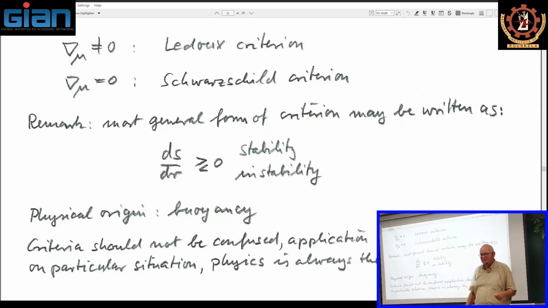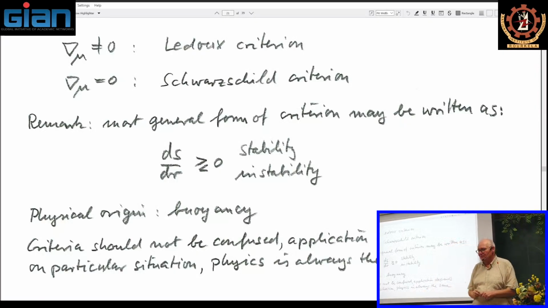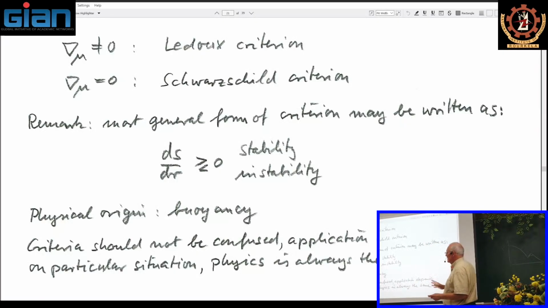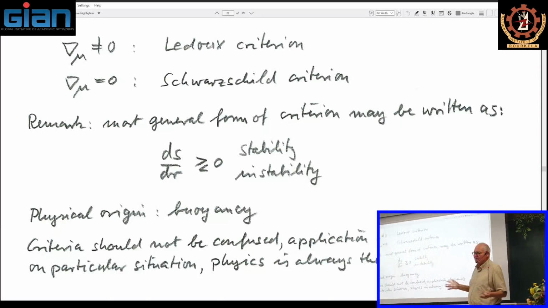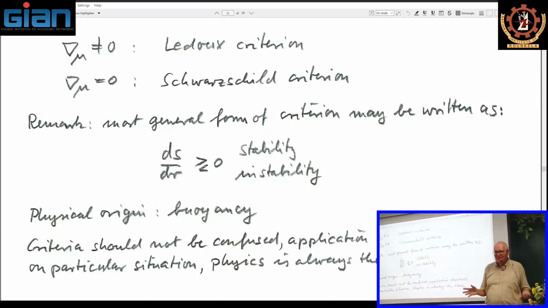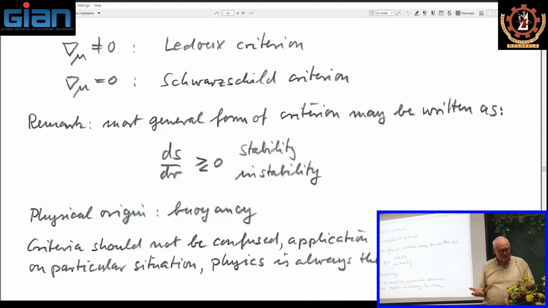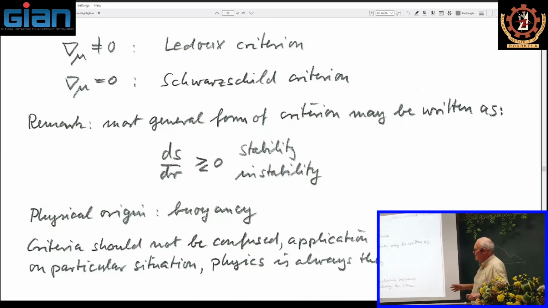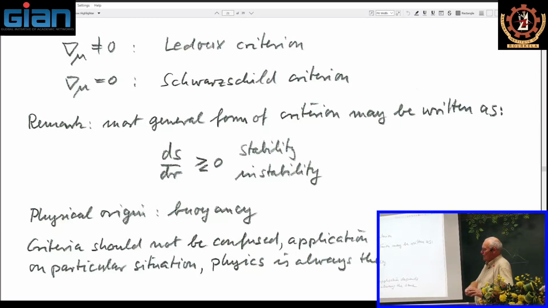If it decreases, you have an unstable situation. This is the most general formulation and also the simplest formulation. So if you calculate the specific entropy, and it increases outward, you have stability with respect to convective motion. And if the entropy decreases outward, you have instability.